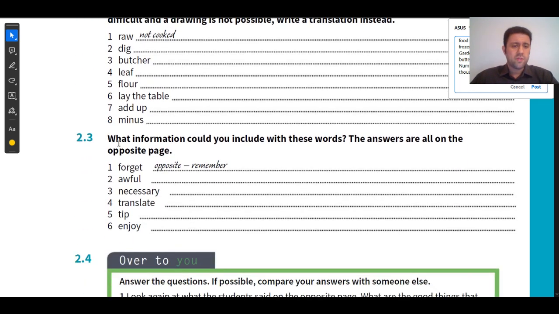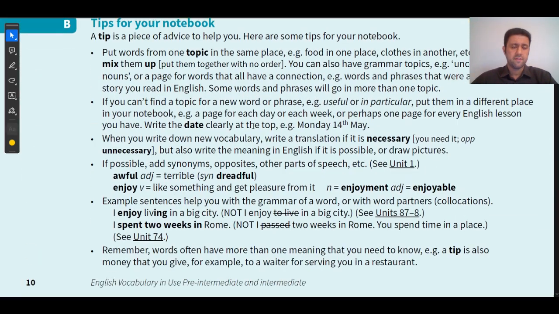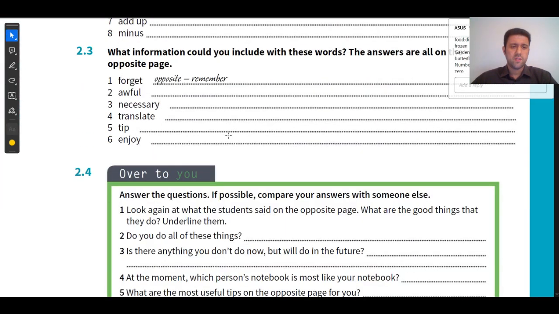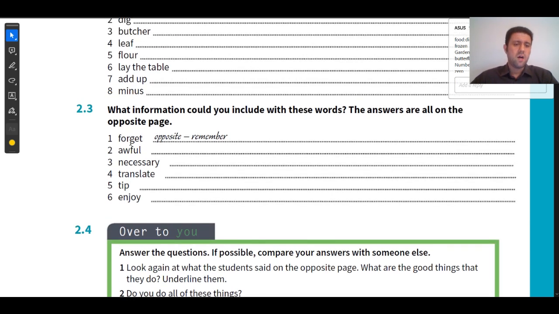Exercise 2.3. What information could you include with these words? The answers are all on the opposite page. The opposite page is here. So let's do it together. So forget. The opposite of forget is remember. Often. As an example, let me write it.